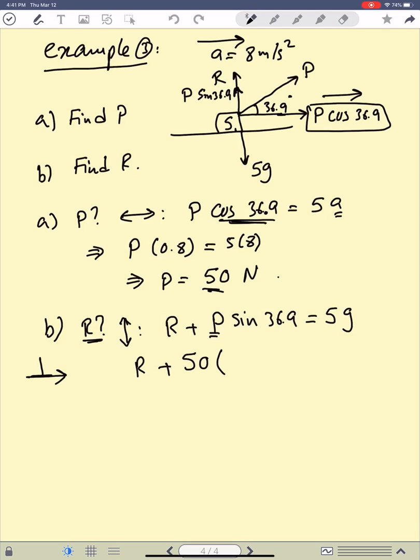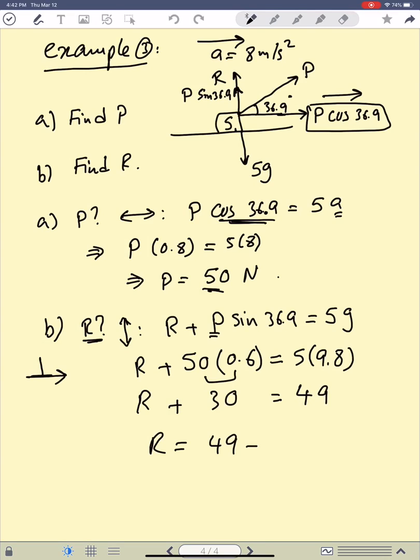Sine by the calculator is 0.6, equal to 5 times 9.8, so this is 49 newtons. So R plus this times this, which is 30. So R is equal to 49 minus 30, which gives us 19 newtons. The reaction force is 19 newtons.